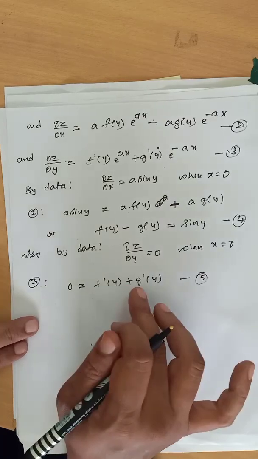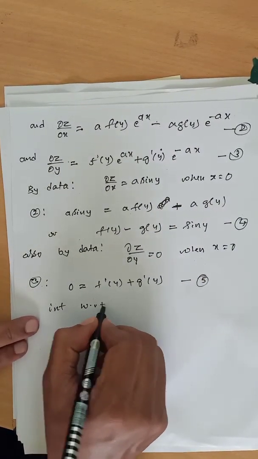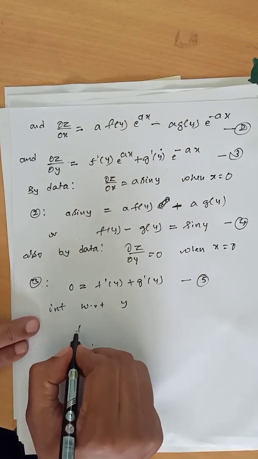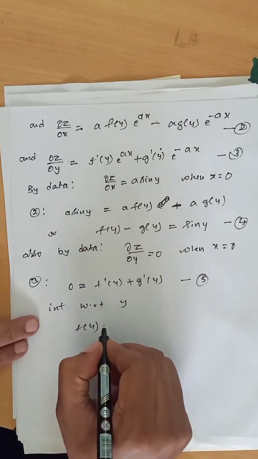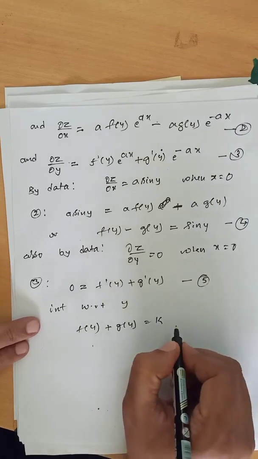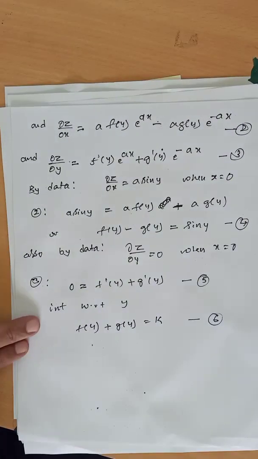We don't want f' and g', so integrating with respect to y, you will get f(y) + g(y) = k, where k is the integral constant. Call this 6.